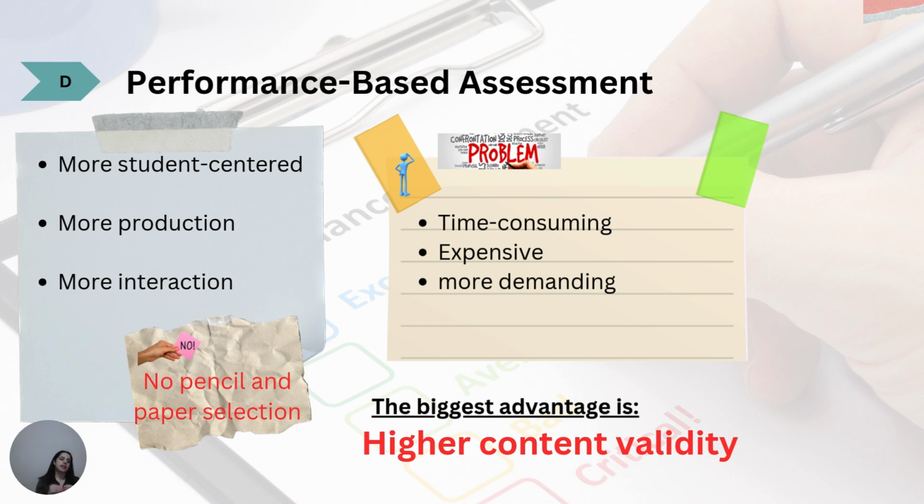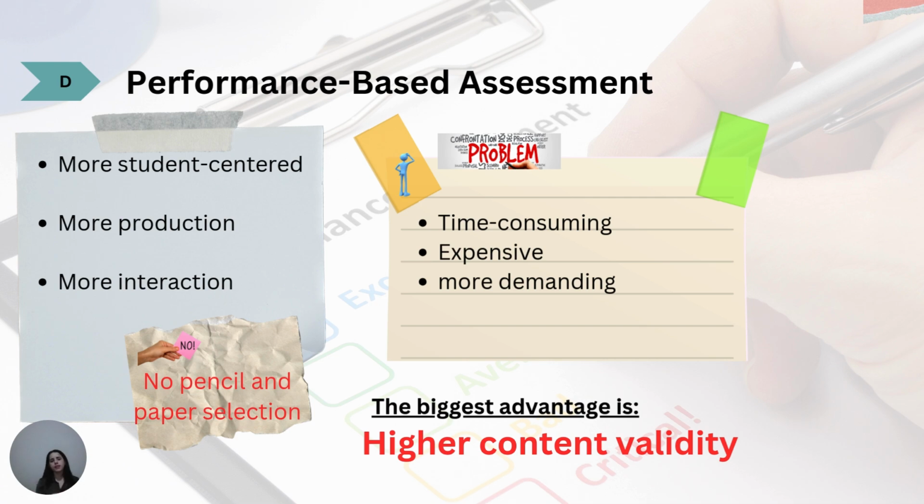And instead of pen and paper selection, they say we should have more production, like oral production and written production, and we should have open-ended questions, because students will share their thoughts and ideas with open-ended questions. Okay, we have not just one way of giving the correct answer.